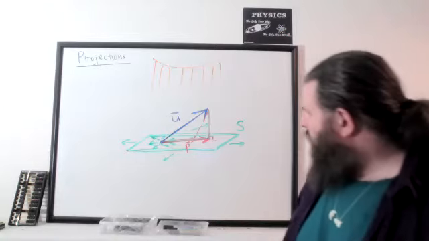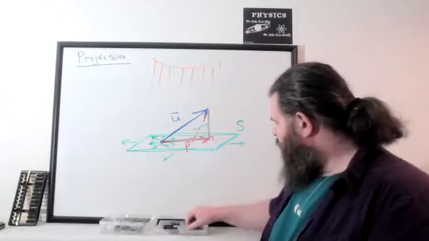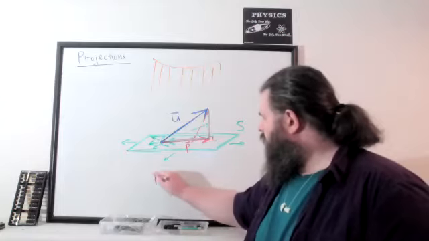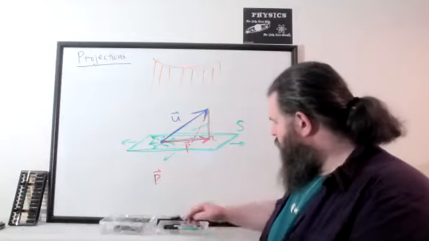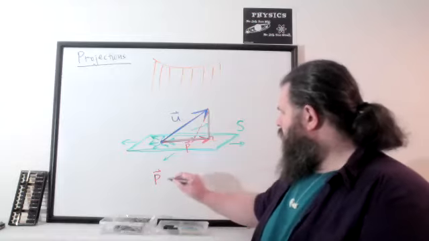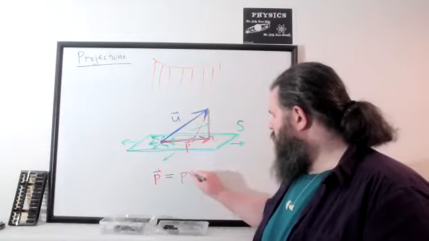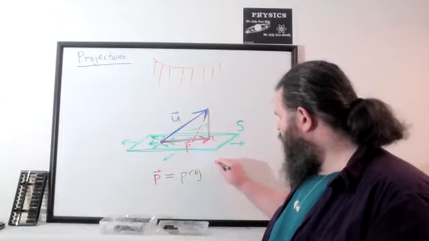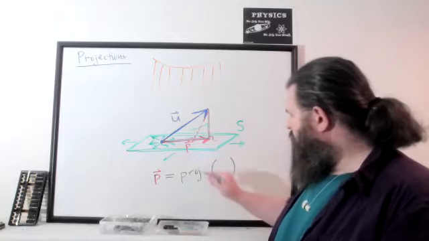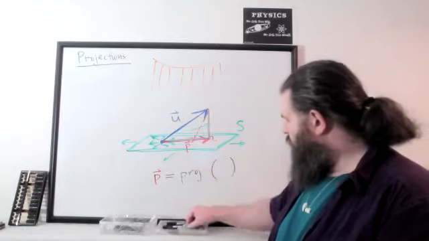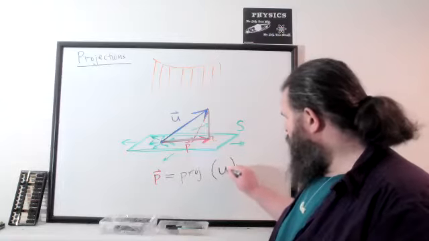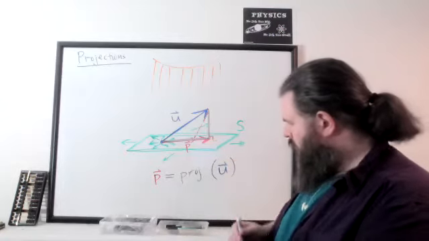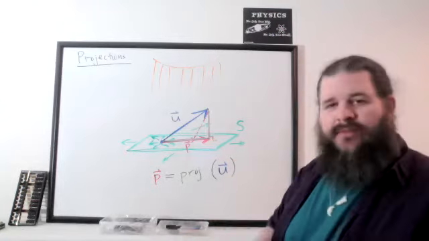And the terminology we're going to use here, by the way, we would say that this projection vector, we're going to call that the projection, and we're going to use essentially function notation here. The projection of the original vector u onto the subspace S, and we'll use S as a subscript here.